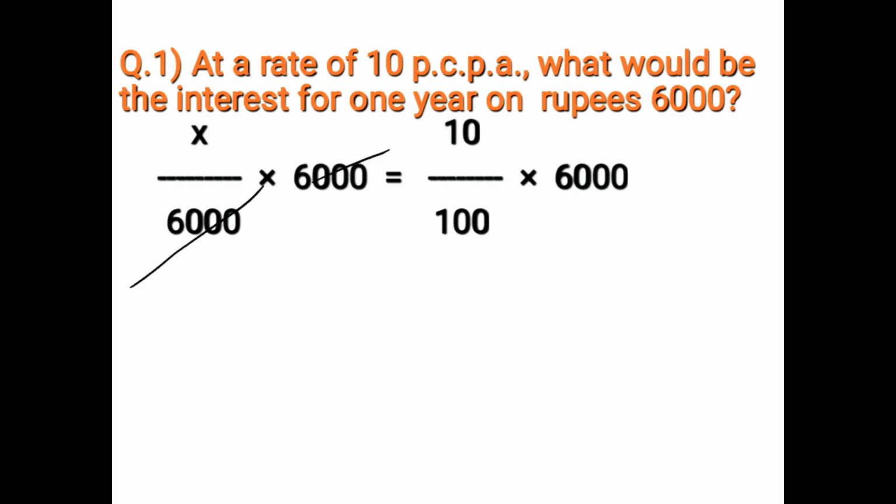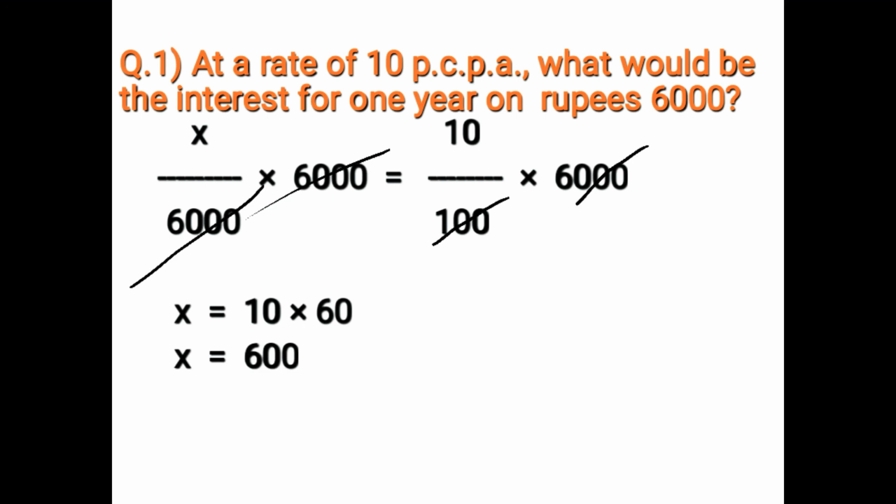6,000 and 6,000 get cancelled. Here you can cancel the zeros, these two 0s and these two 0s. Okay, then you have to multiply 10 into 60. X is equal to 10 into 60. 60 tens are 600.